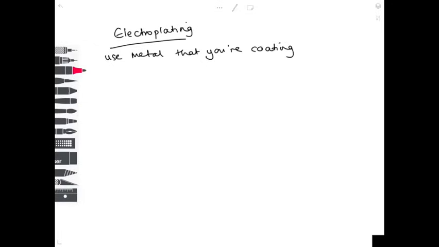Electroplating now, and that's where you cover an object with another metal. You need to know a few things here, which is that first of all, rather than using platinum or carbon as the anode or cathode, what you're going to do here is use the metal that you're coating your object with as the anode.